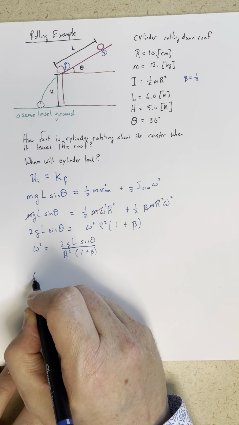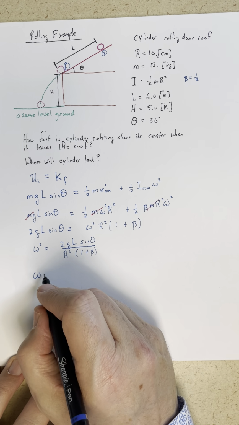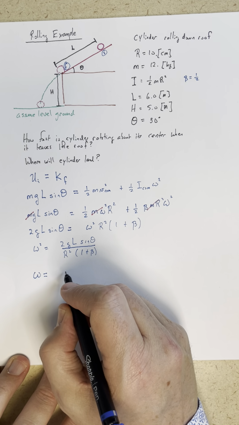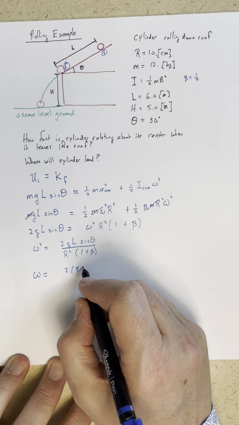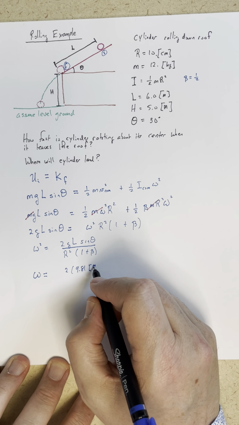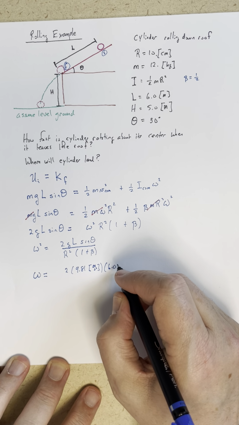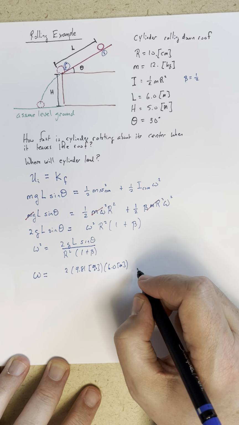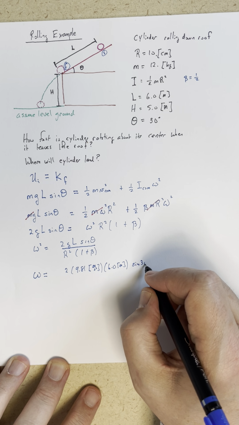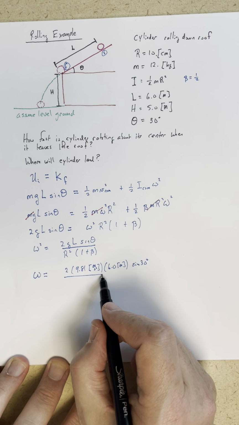We're looking for a speed, so I don't care about the negative root. I've got a 2 here on Earth, presumably, 6 meters, sine of 30 degrees, which is a half.